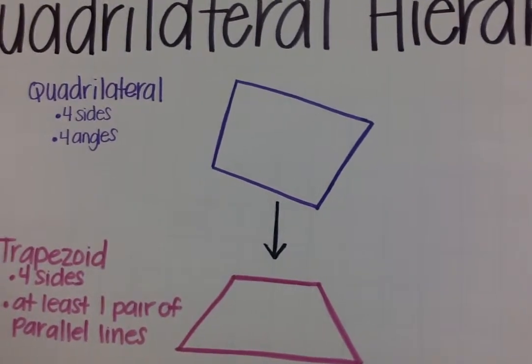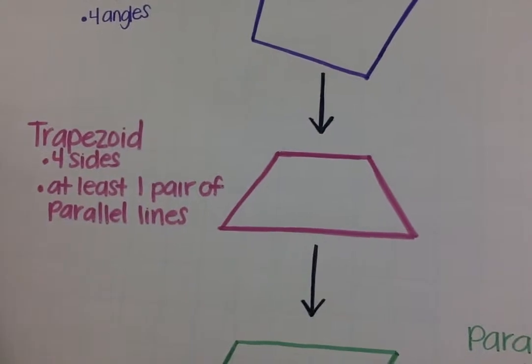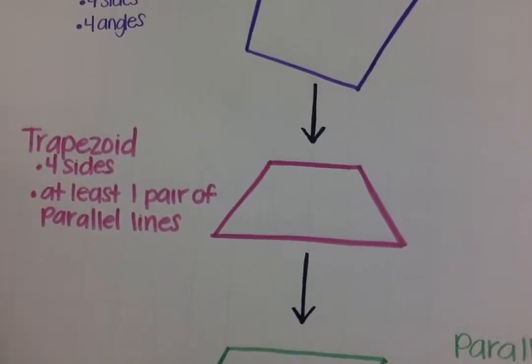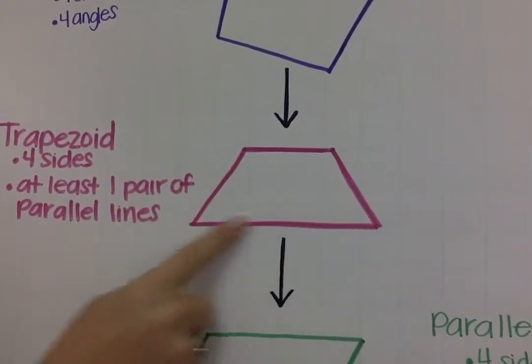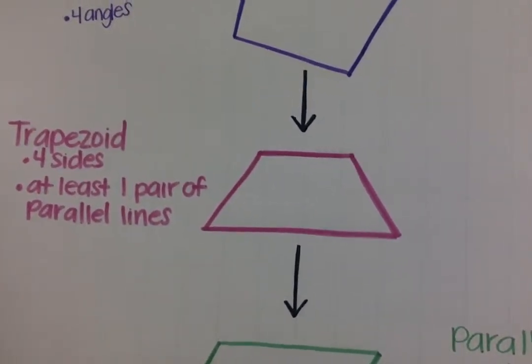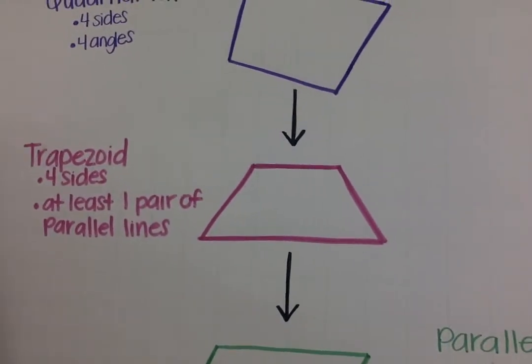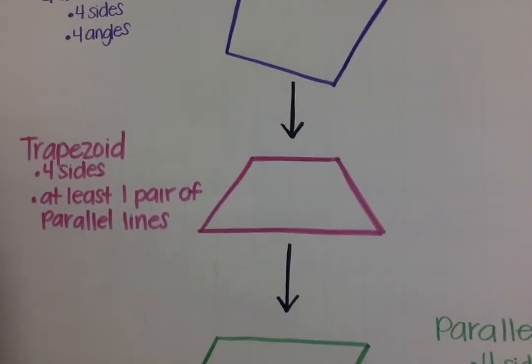The next shape that we are going to talk about is the pink shape, and that is called a trapezoid. You can see here that a trapezoid has four sides, and a trapezoid has at least one pair of parallel lines.